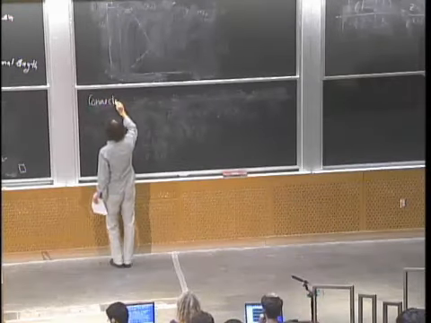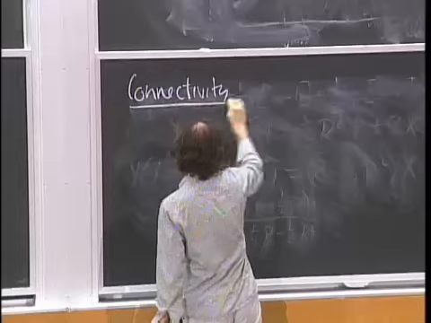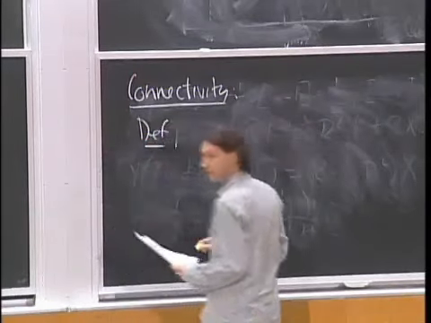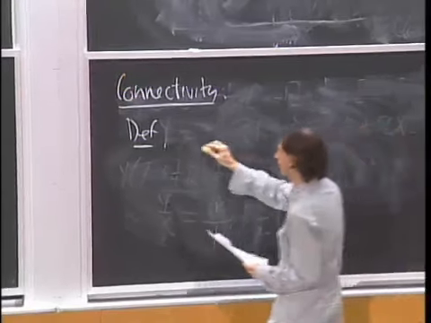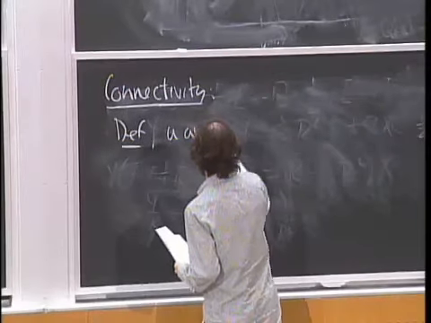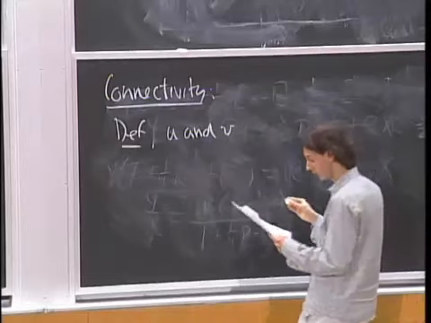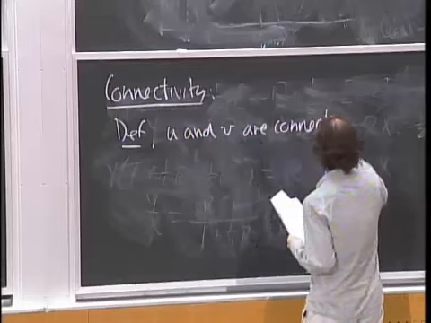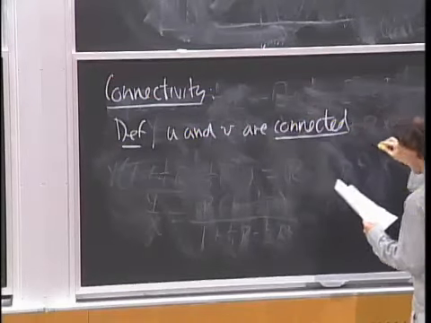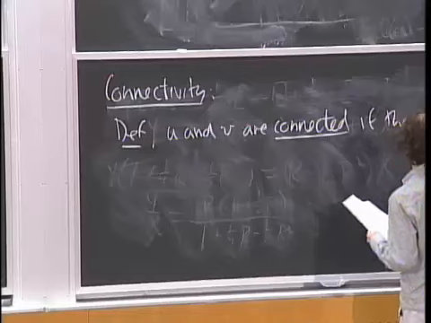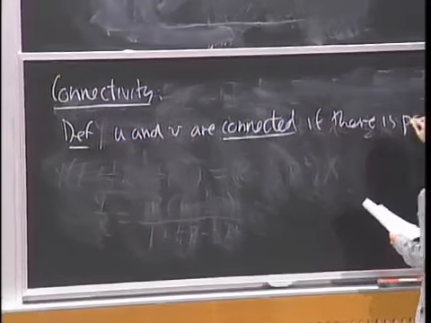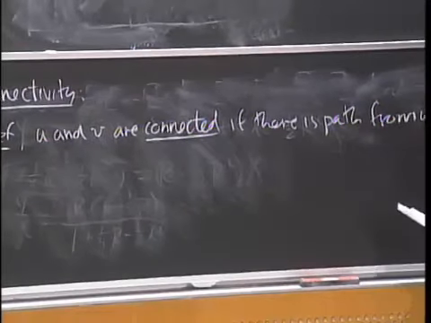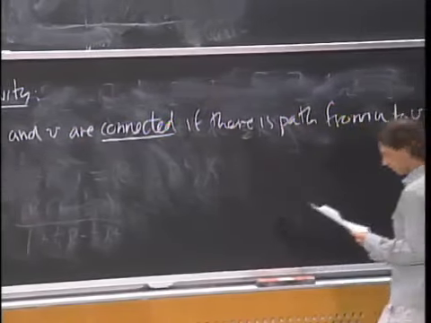We define two vertices u and v to be connected if there is a path that connects u to v. So u and v are connected if there is a path from u to v.